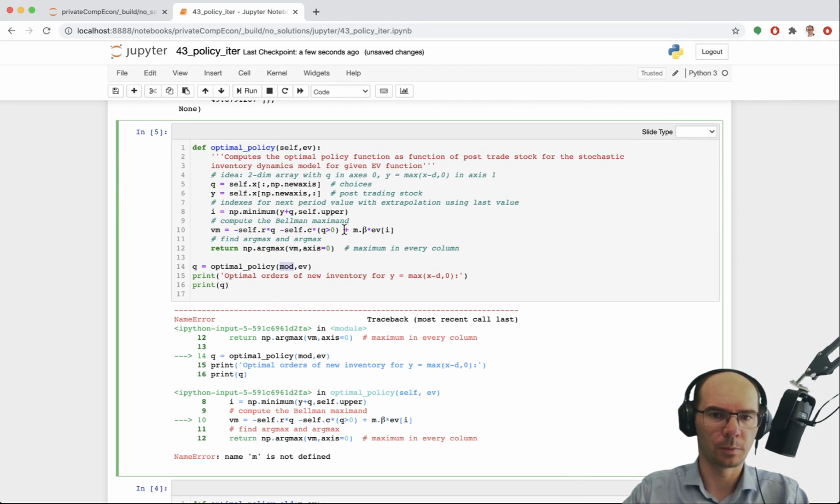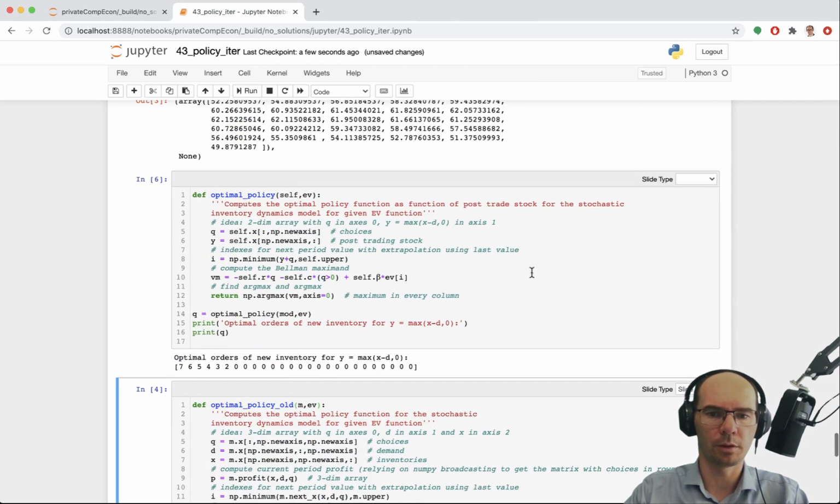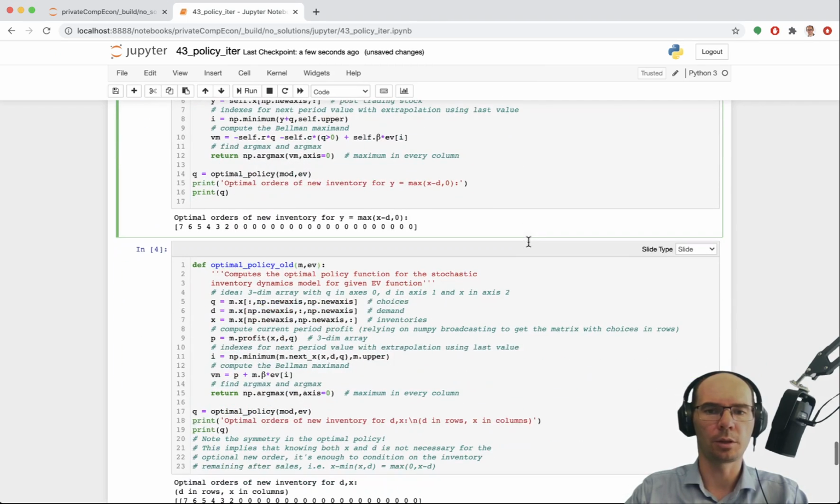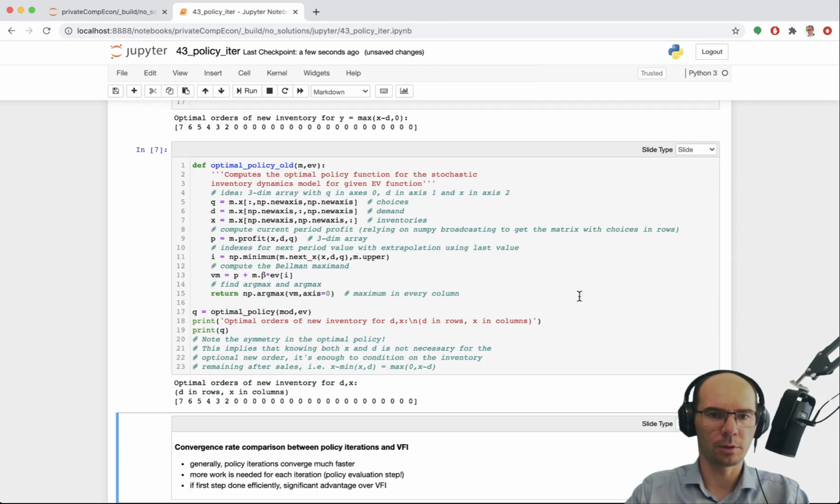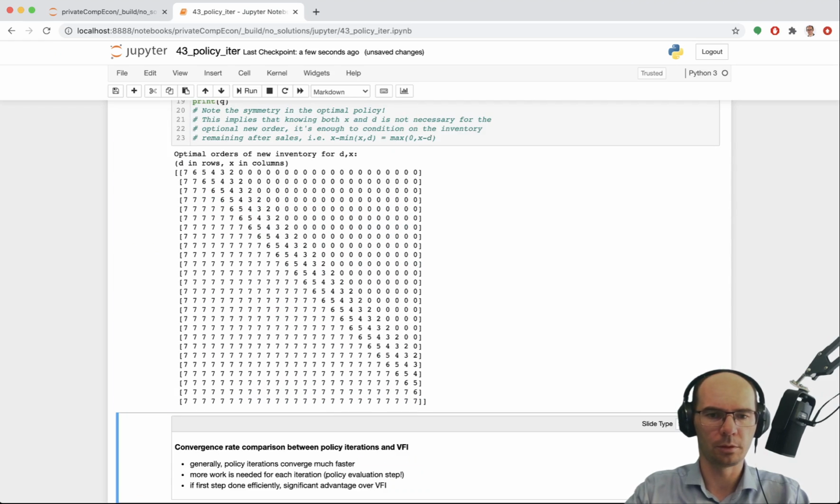In VM. Okay, so I've replaced M with self everywhere. Oh, and here we go. So is this still working? Optimal policy old we want.